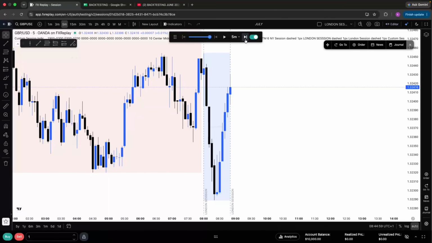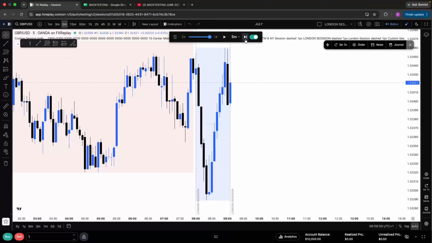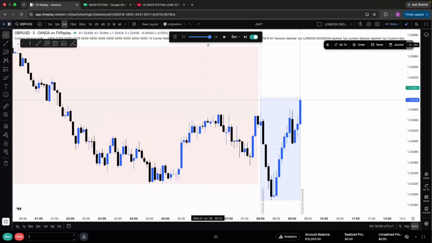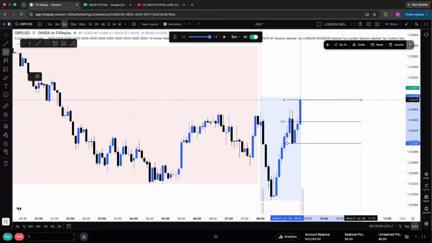We had a break of structure to the downside. Now we've got 9:15. Got a break of structure to the upside. Low creates a new high.